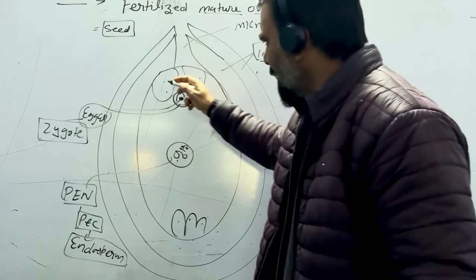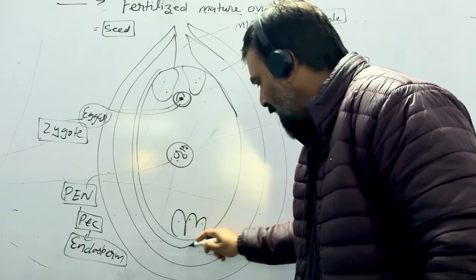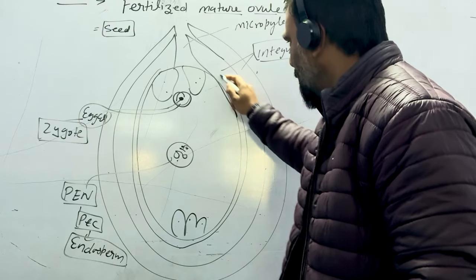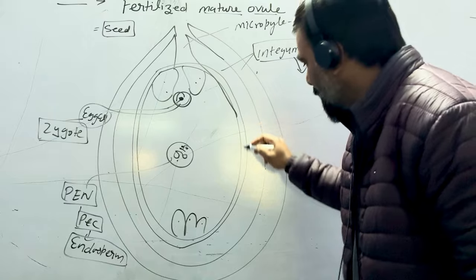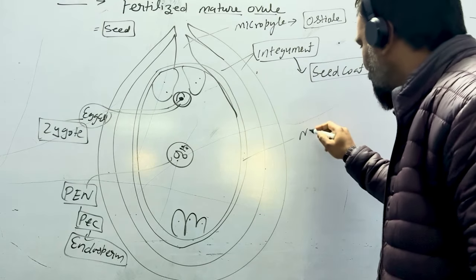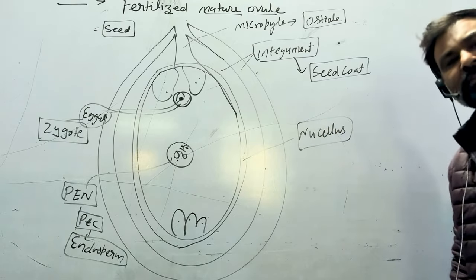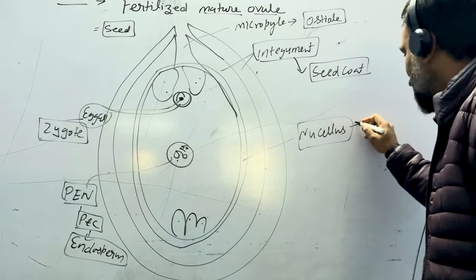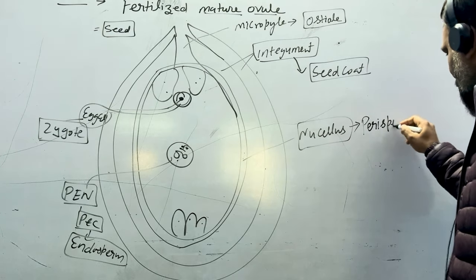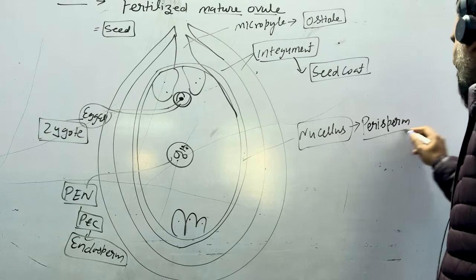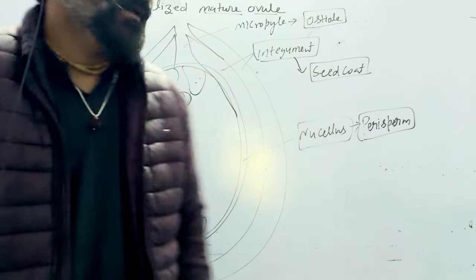Now, in many seeds, a thin layer of nucellus also remains present. This thin layer, which in the ovule is known as the nucellus, is converted into perisperm, the remnant of the nucellus present in a seed.